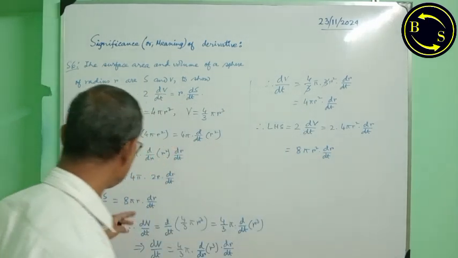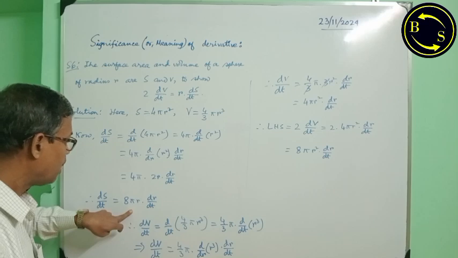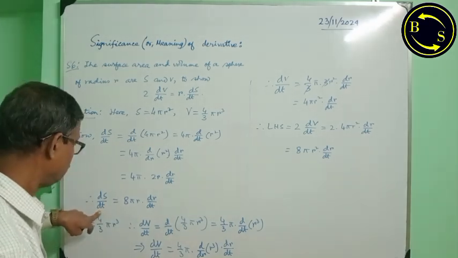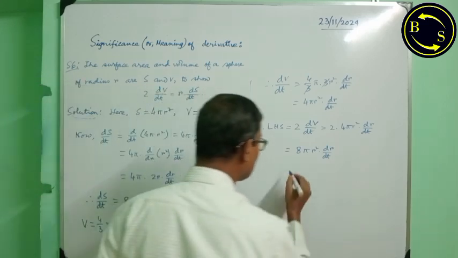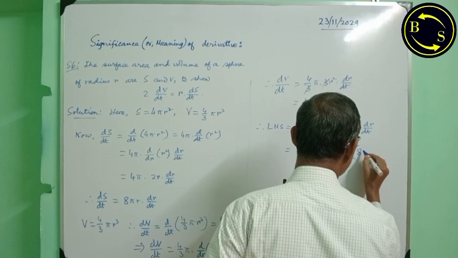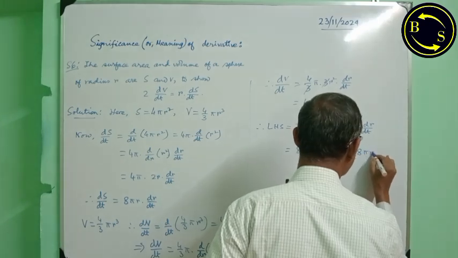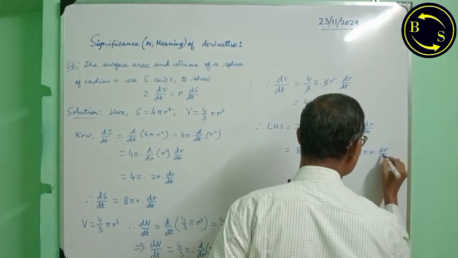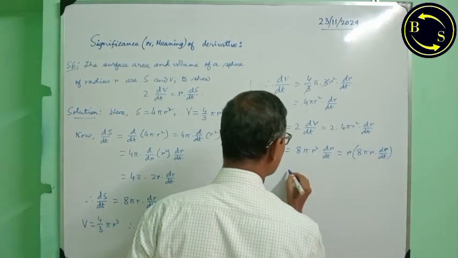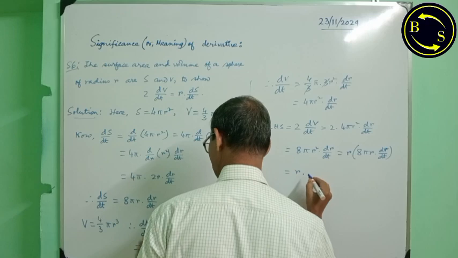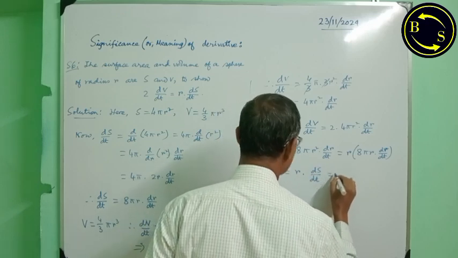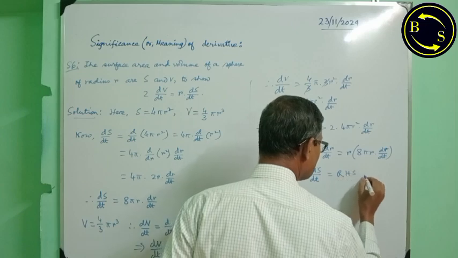Now we find 8 pi r dr dt, that is equal to ds dt. Therefore, I can write this r into 8 pi r dr dt, which is equal to r into ds dt, that is equal to RHS.